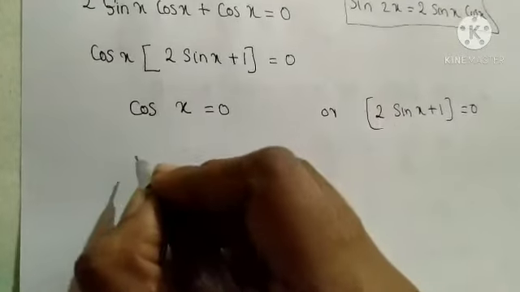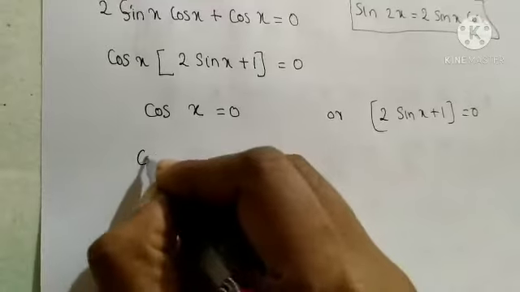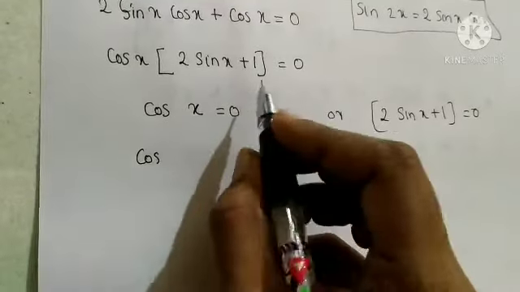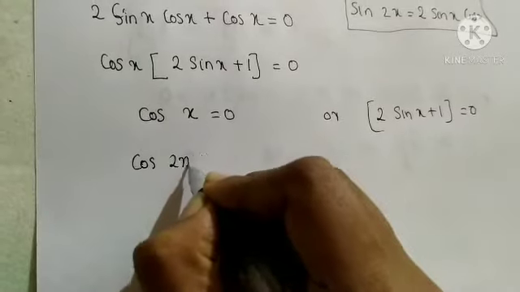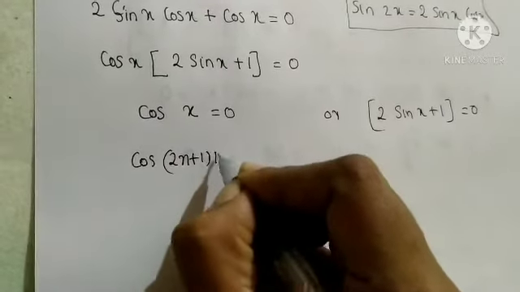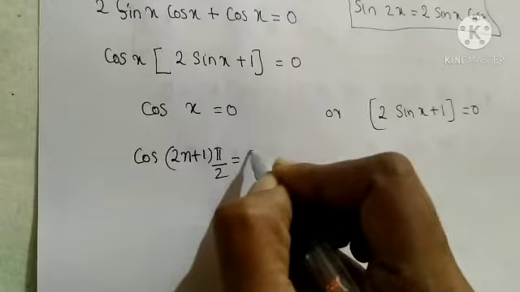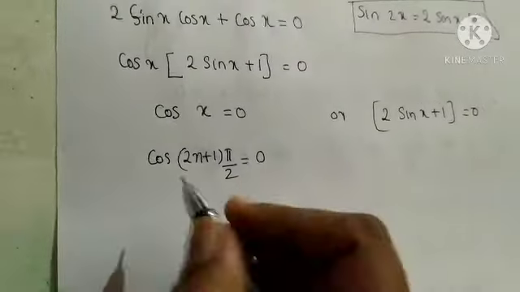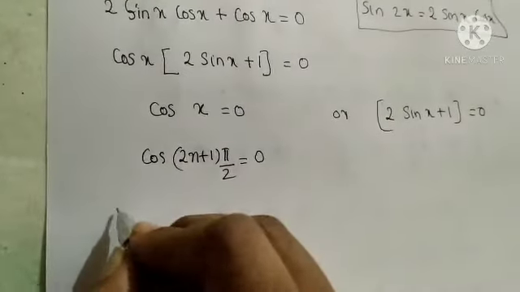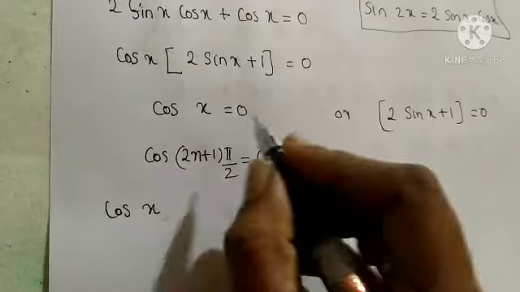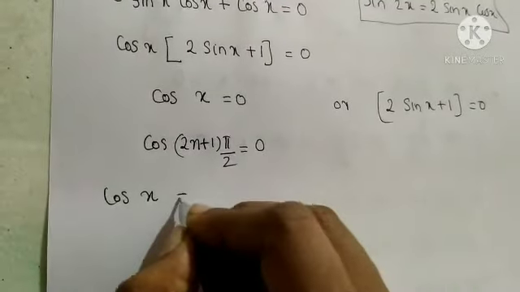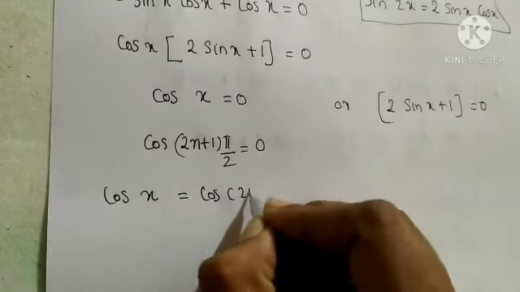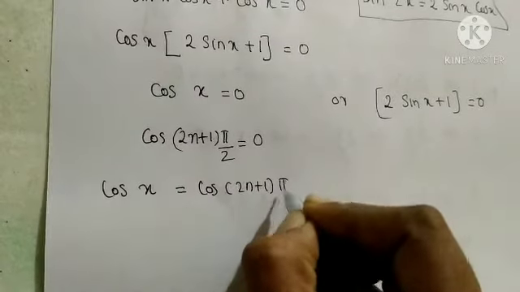So from this we can write cos x equal to 0 if cos (2n plus 1) pi/2 is equal to 0, right? Both values are 0, so equating these two, cos x equal to cos (2n plus 1) pi/2.